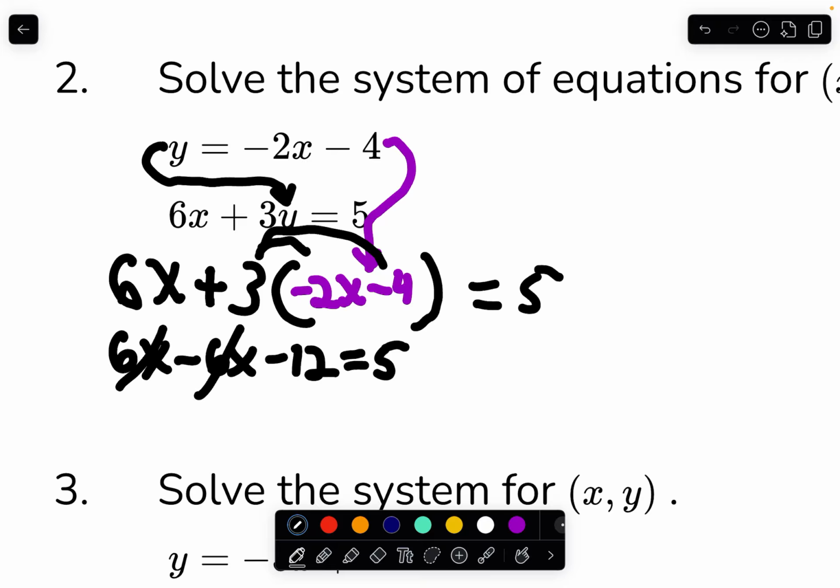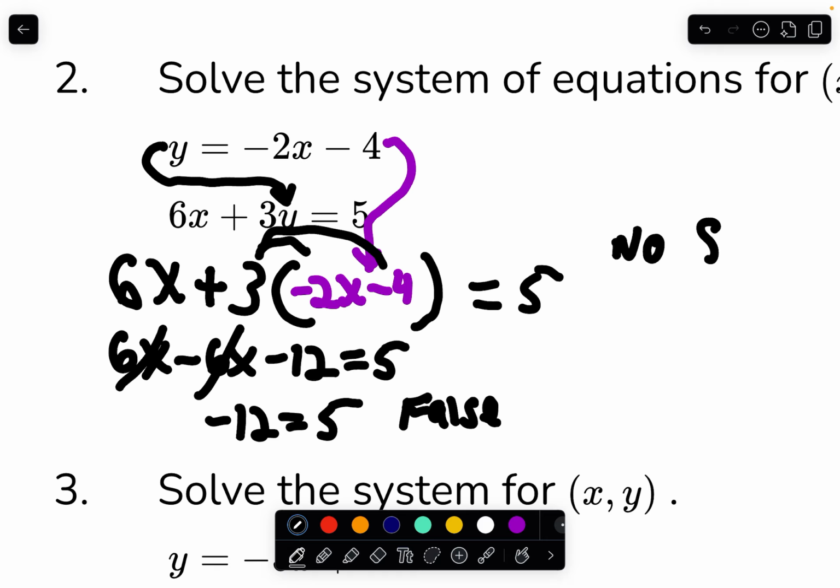Notice the 6x and negative 6x cancel out, and you're left with negative 12 equals 5. This is false. All the variables are gone. That's the key. All the variables disappear. There's no x, no y, and you have a statement stating that negative 12 equals 5, which is false. This is no solution.